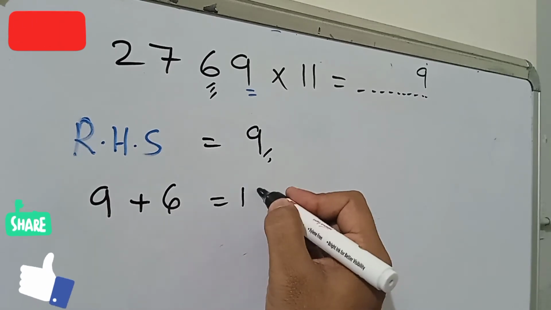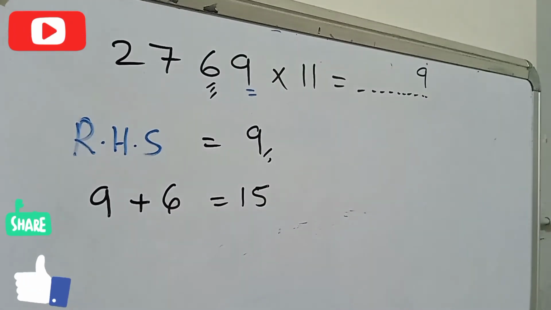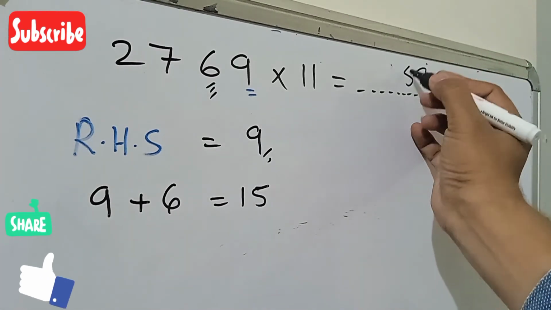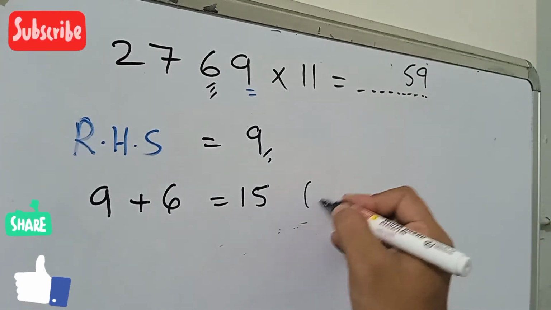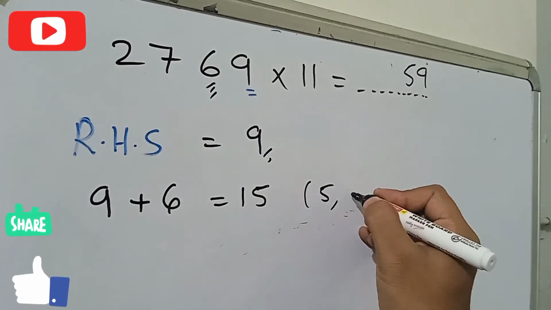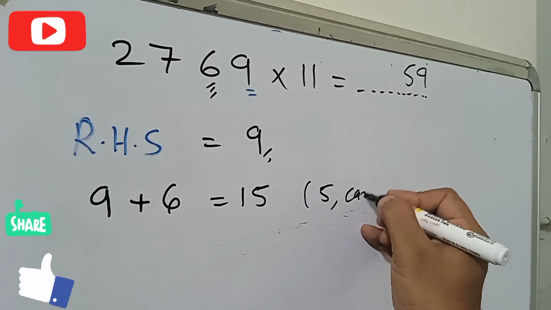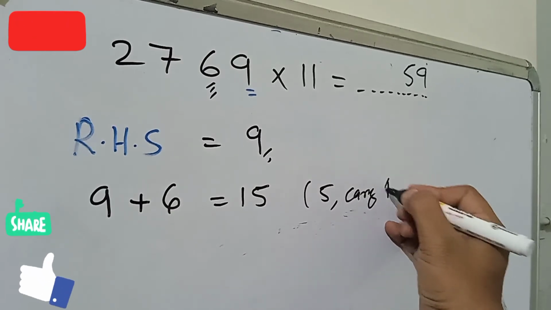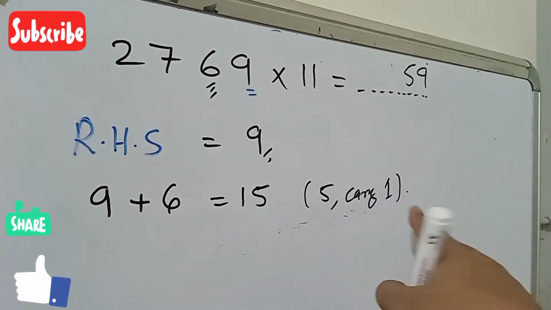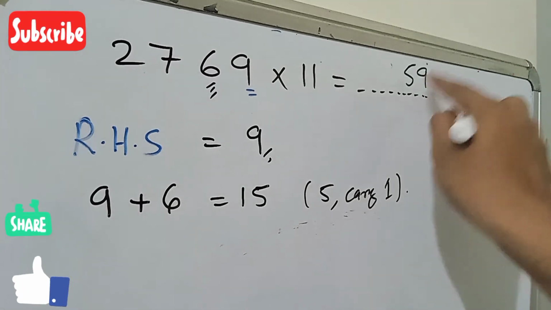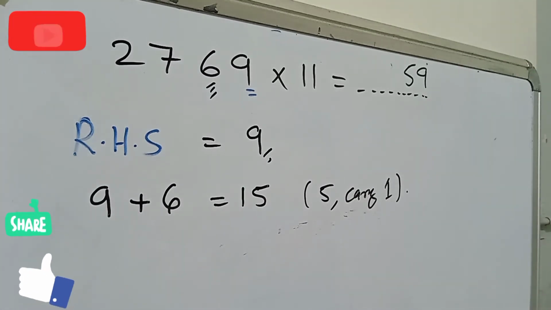This comes to 15. Now for 15, we write down 5 and take the carry, which is 1. 1 is the carry, and in the answer we have written 5.